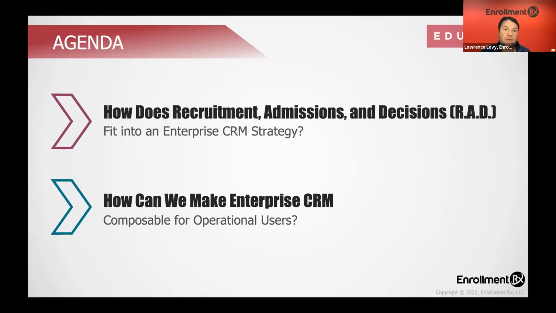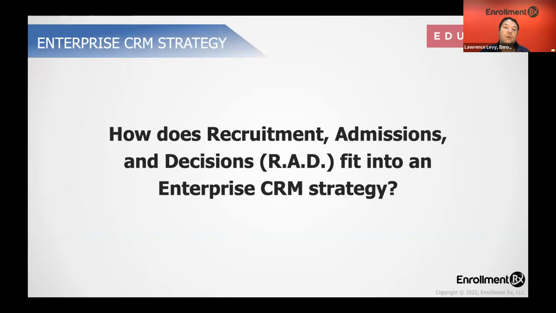But to address the first question, how does recruitment, admissions, and decisions fit into an enterprise CRM strategy? We should first ask, what happens when recruitment and admissions does not have an enterprise CRM?